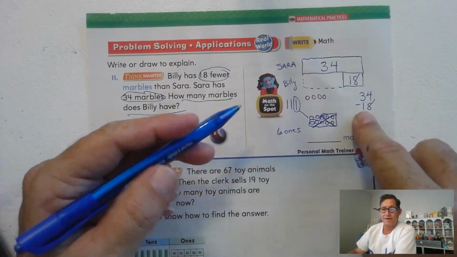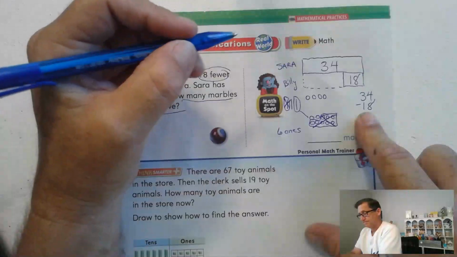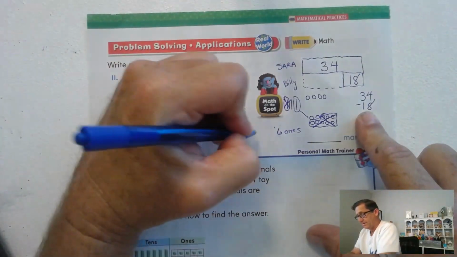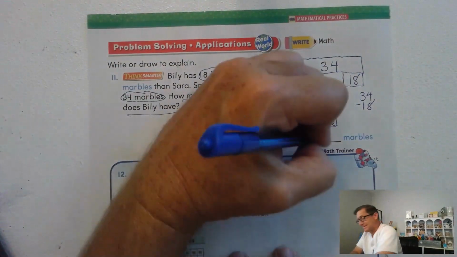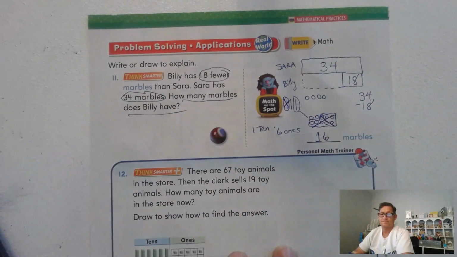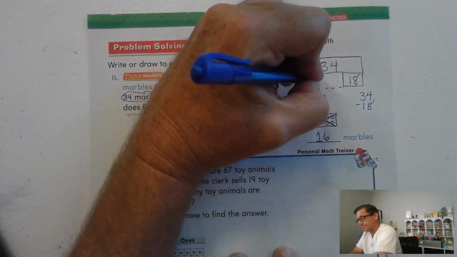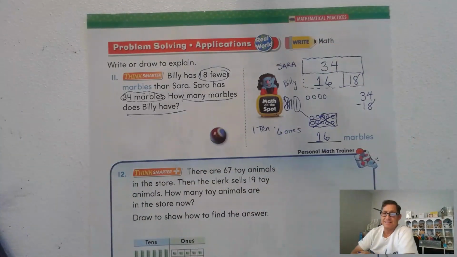We have to take away 1 10, leaving me 1 10. 1 10 and 6 ones is 16. So Billy has 16 marbles.